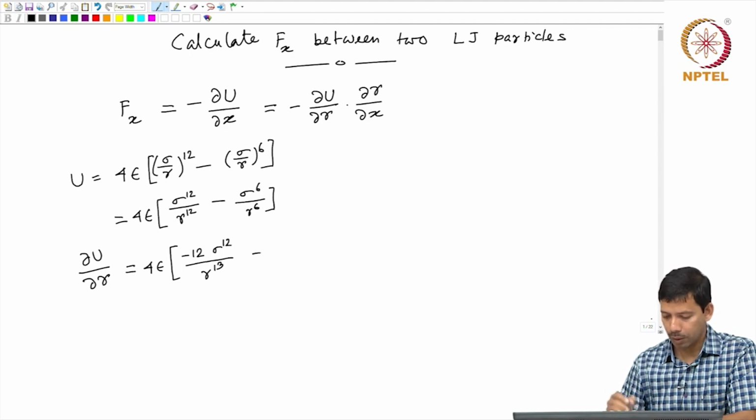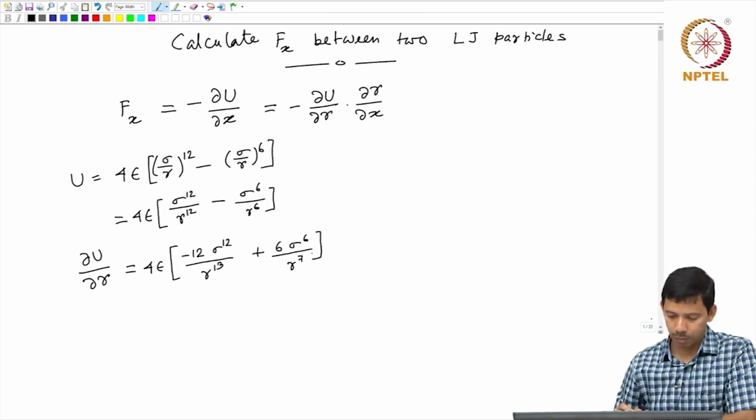Likewise here you have a minus, and r to the power 6 gives you minus 6, that becomes 6, with sigma to the power 6, and it becomes r to the power 7. That's your derivative.